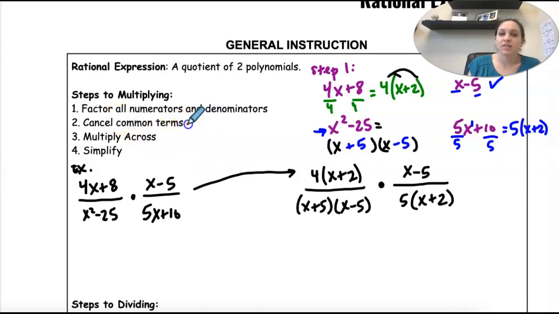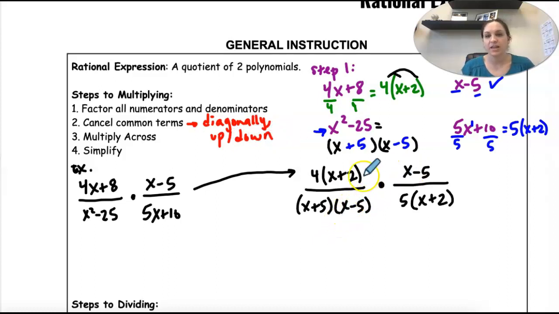So when we cancel, this is a multiplication skill that maybe you remember, maybe you don't. We can cancel diagonally and then up and down. So when I say that, see these x plus 2's? They're diagonal to each other.